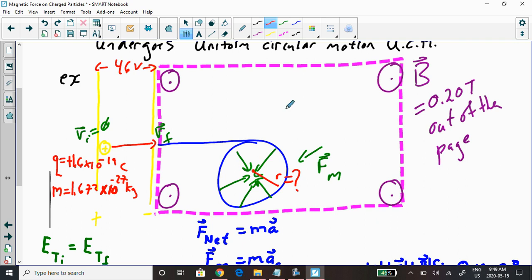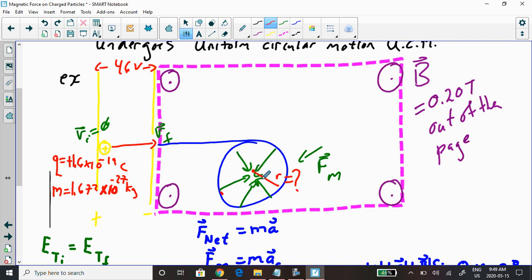And this purple area is where the magnetic field is. And the magnetic field is coming out towards you, out of the page. And it's got 0.20 Tesla, out of the page. And then we need to find out that when this charged particle enters here, and then eventually it gets into uniform circular motion, because of the magnetic force on it, we need to find out the radius of that motion.